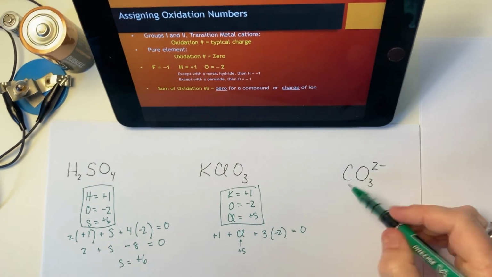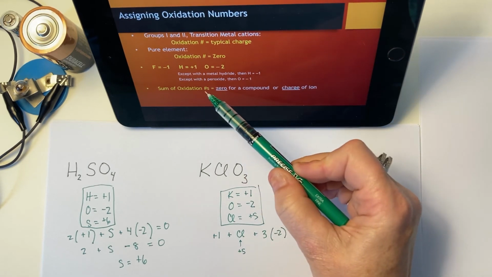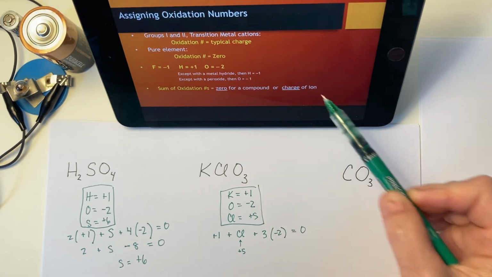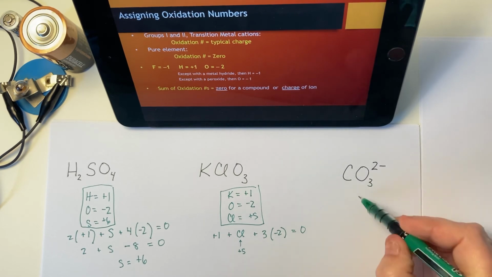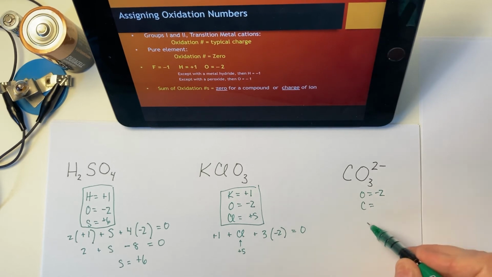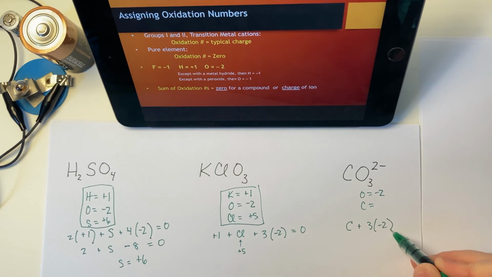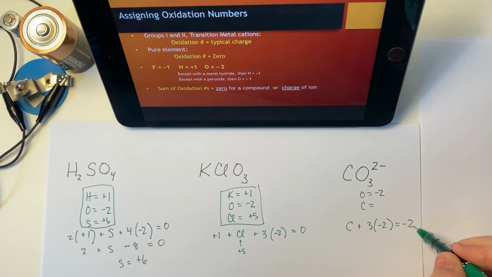And let's try that. Okay, now here we have carbonate ion. So when we sum up the oxidation numbers, they're going to have to add up to the charge of the ion, which is -2. Oh, I've got an oxygen. Oxygen is -2. Got to figure out what the carbon is. So carbon plus 3 of these -2 oxygens has to sum up, not to 0, but to -2.